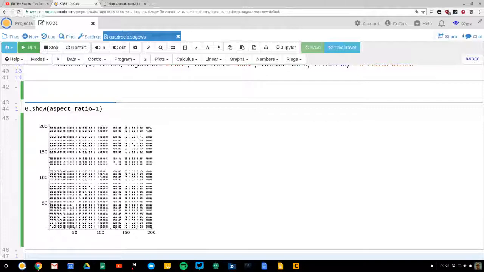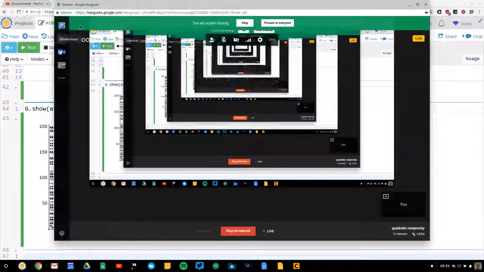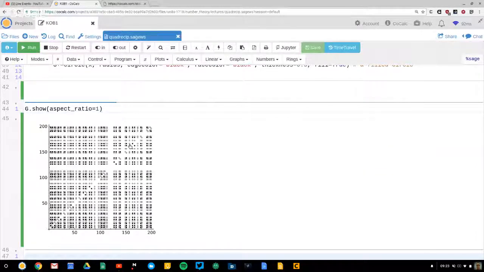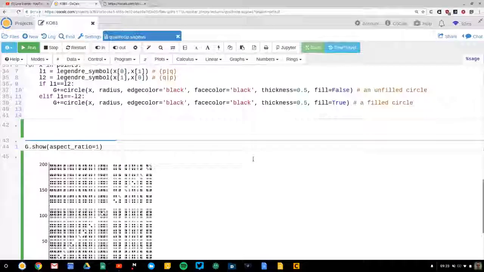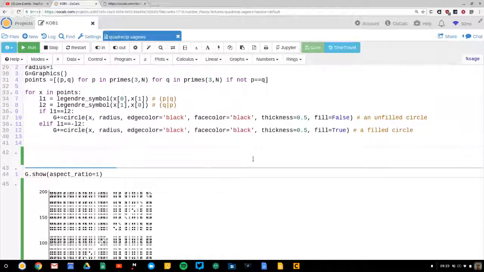Are there any questions, first of all, about the code or the use of it? I'll put this worksheet as a link into the video description as well. So if you want to go on to CoCalc and experiment with this code, investigate other ranges of primes and so on, I'll provide the link.